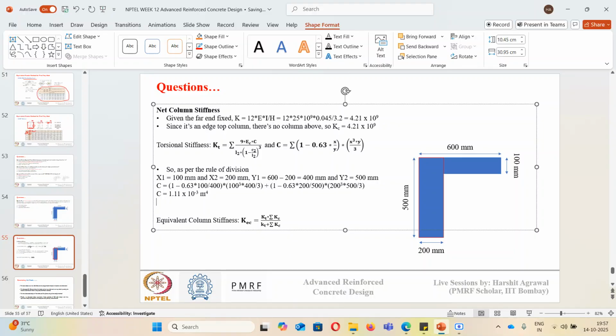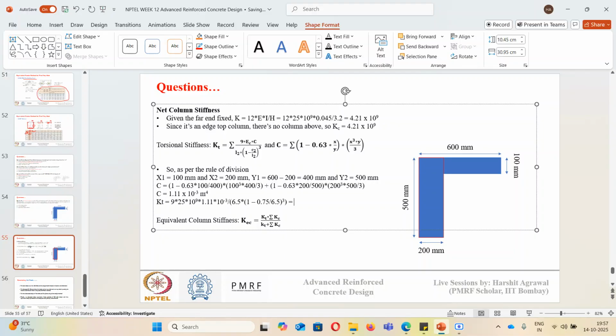Once we know the C value, we can calculate the KT value easily. So KT will be nothing but 9 into 25 into 10 to the power 9 times 1.11 into 10 to the power minus 3, whole upon L2, which is given as 6.5 times 1 minus 0.75 upon 6.5 cube.